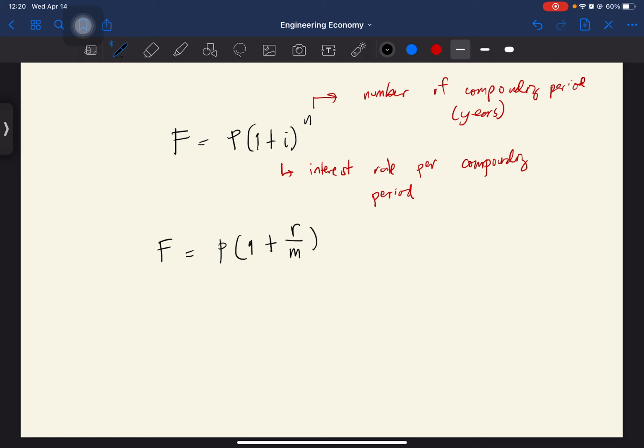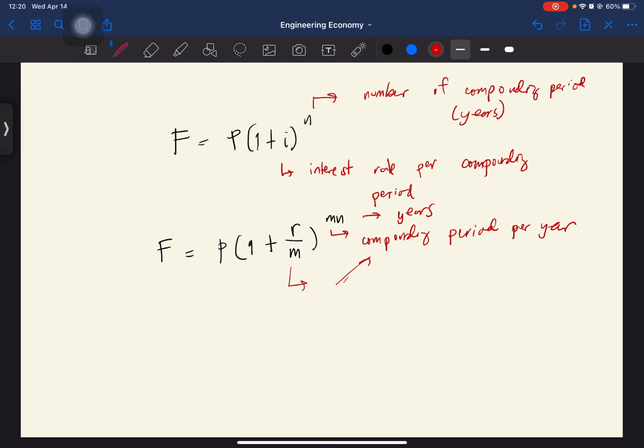Ang definition nito, N is ilang years. Tapos M is gaano karami yung compounding period per year.